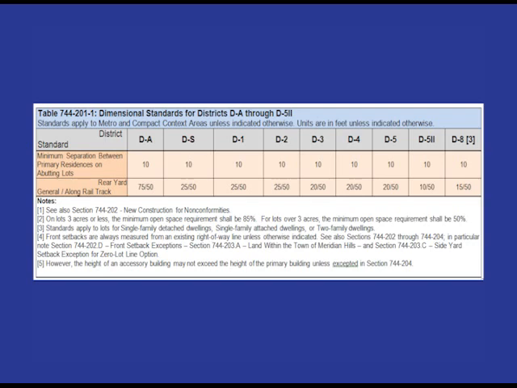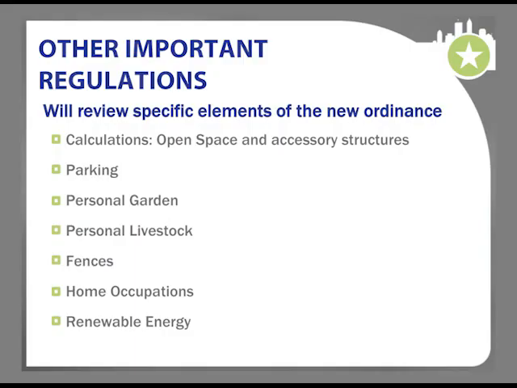So we've taken you through the dimensional standards. Those regulate, as I said, placement of the building, size of the building on a lot. But there are some important additional regulations that apply to single family attached, doubles, triples, and quads.